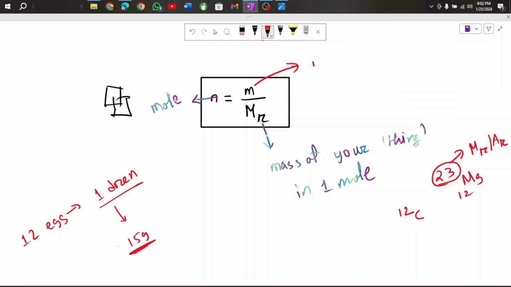উপরে একটা ছোট m আছে, এটা হচ্ছে mass in grams.